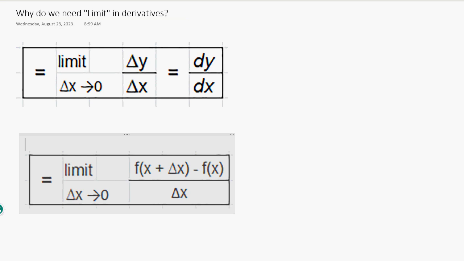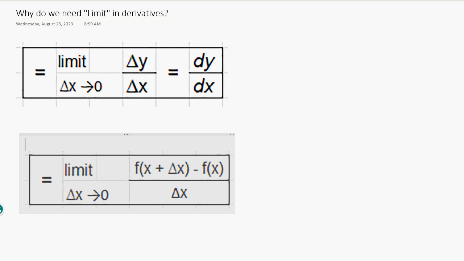The first time we talked about the derivative, it is slope, and we used algebra to calculate the slope, and that became the derivative function. Okay, that's for algebra folks.